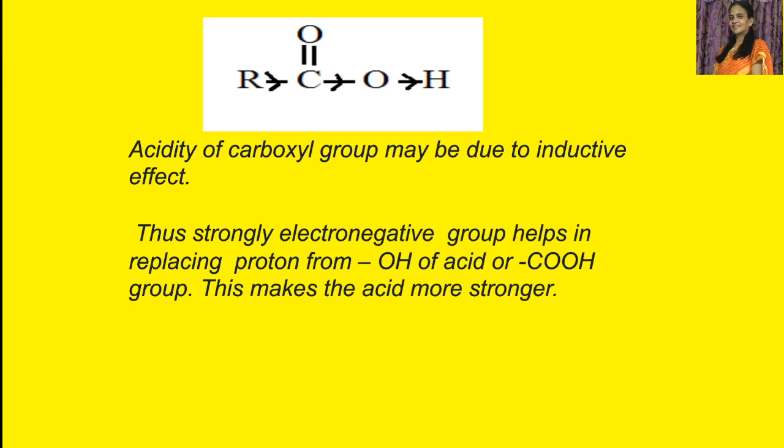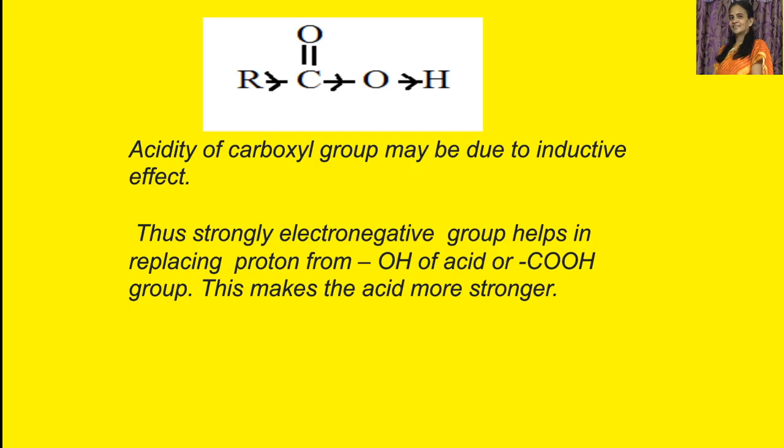So if the conjugate base produced by this carboxylic acid is stable, then it easily loses this proton, donates this proton, and exhibits acidity. So the strength of a carboxylic acid depends upon the stability of the conjugate base produced by that particular carboxylic acid by the loss of proton. This point we should remember.